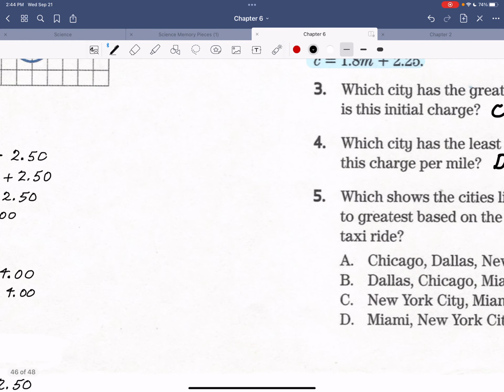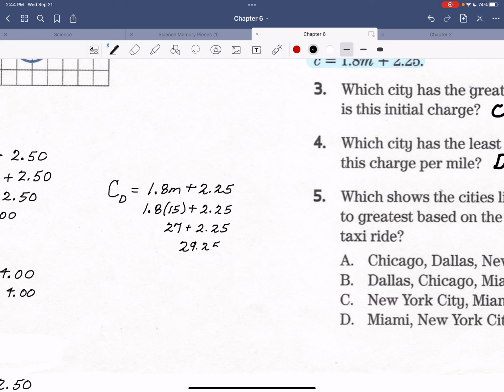And then in Dallas, the cost of Dallas is 1.8 per mile plus $2.25. So 1.8 times 15 plus $2.25 is 27. And that's $29.25.